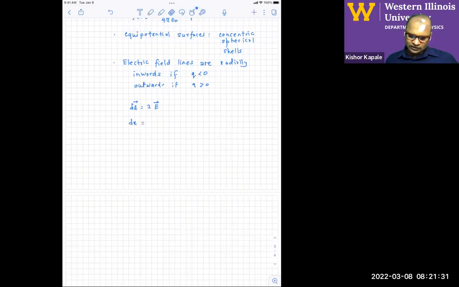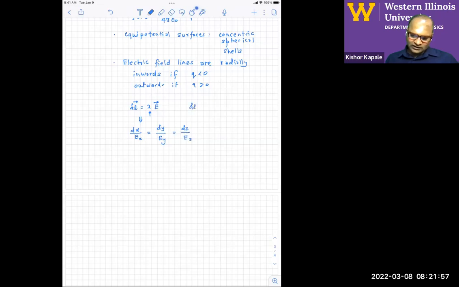The thing with this lambda is that it has to be constant in all directions. And so what this leads you to is dx over Ex should have the same value as dy over Ey, and should have the same value as dz over Ez, right?